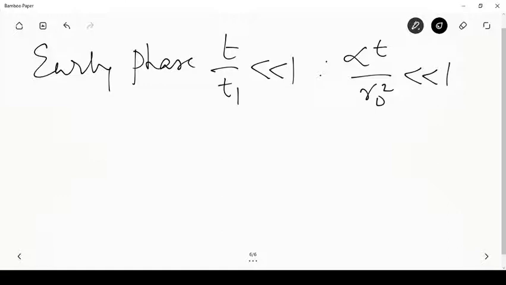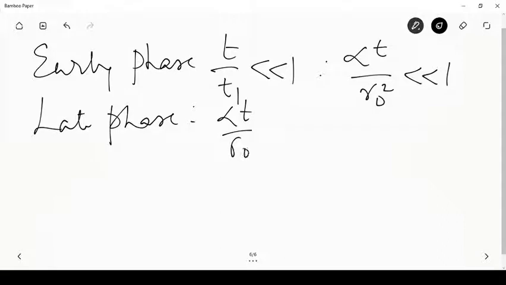Okay. Similarly, the late phase will be alpha t by R naught squared is much greater than 1.